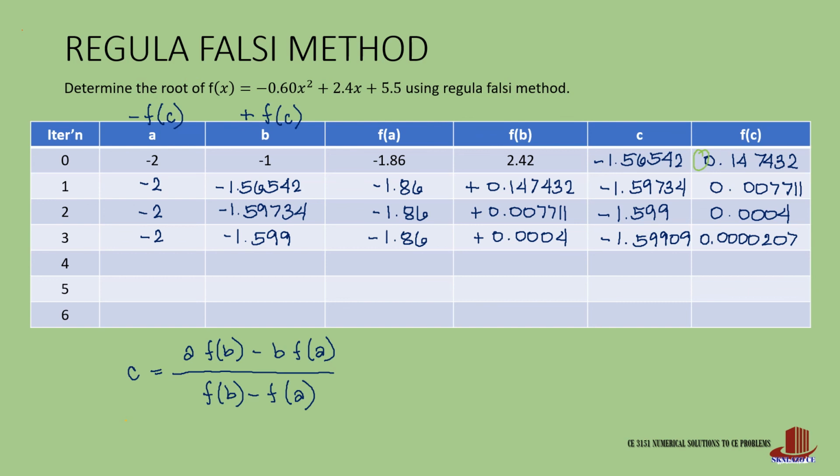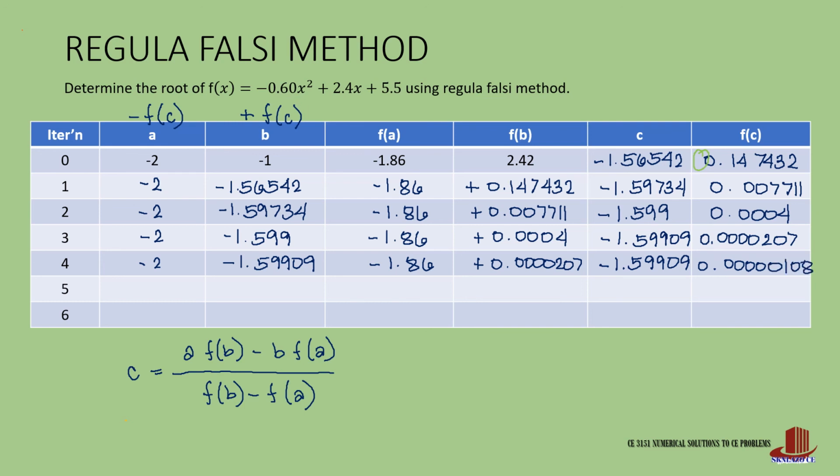If we try the next iteration, that would be still taking negative 2 as our lower limit, but the upper limit taken as negative 1.59909, maintaining our f of a, but our f of b would be taken as 0.0000207. Then c would still be taken as negative 1.59909, with its f of c as 0.00000108.